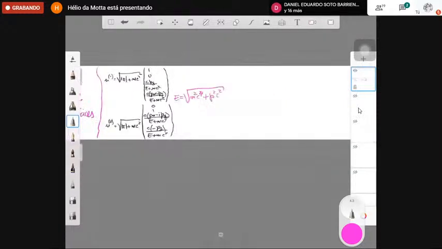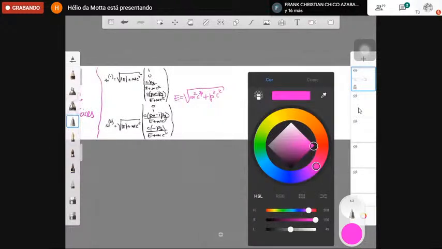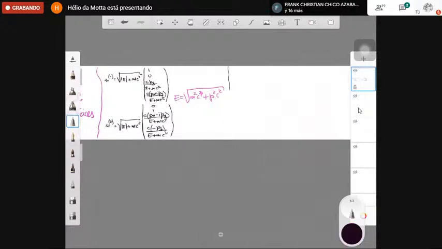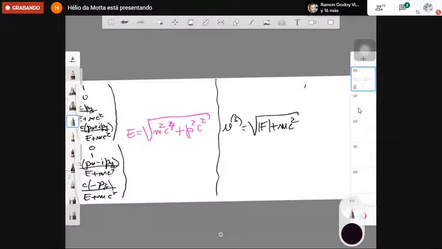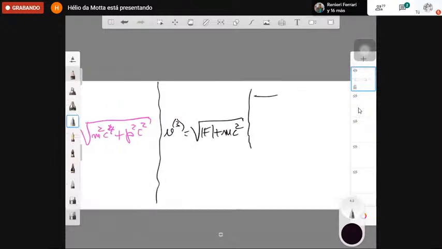And you have two other equations, writing here just to be complete. That would be U3. Again, plus mc². Here we have c, E, mc squared.